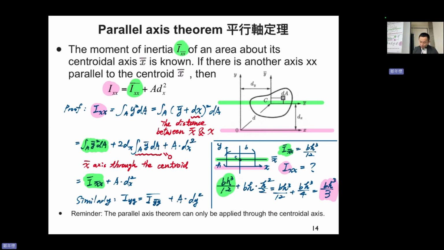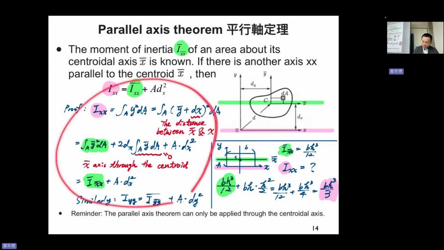But be careful, the parallel axis can only be applied from the central axis. So you can move from green to pink, but you cannot move from here to the pink.